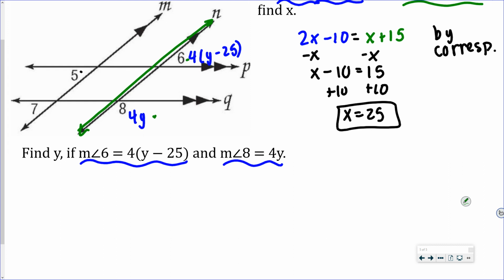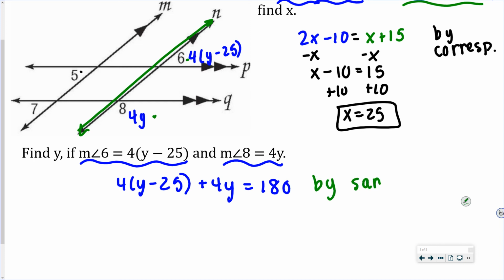Same side. So when they're same side, and usually we call them consecutive interior, but for exterior, we usually say same side. That doesn't mean they're congruent. That means they're supplementary. That means that these add to 180. If they were alternate, they would be congruent. But if they're the same side, they add up to 180.